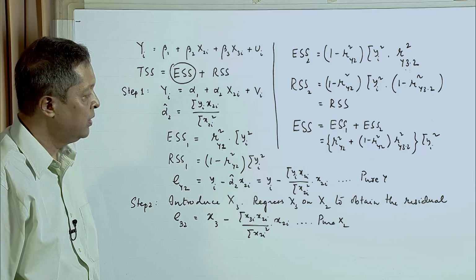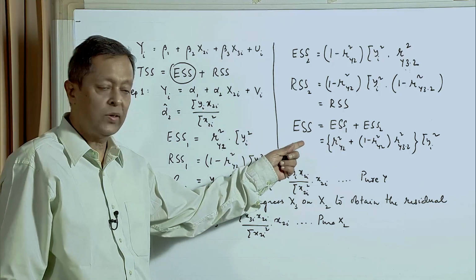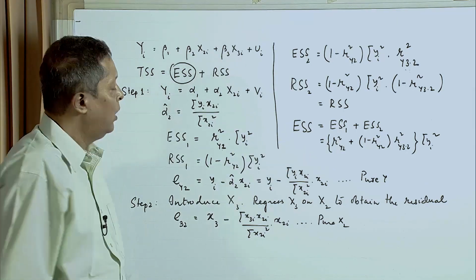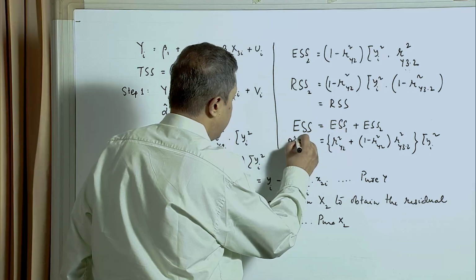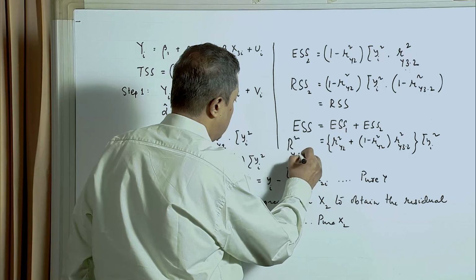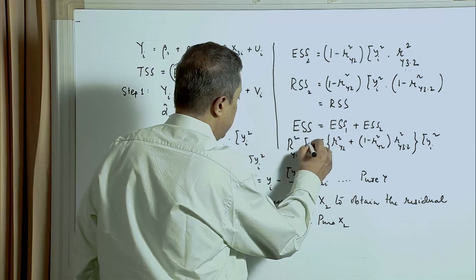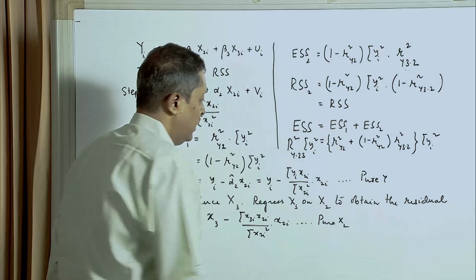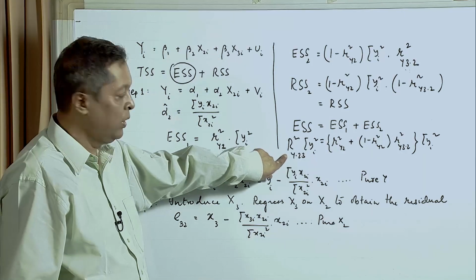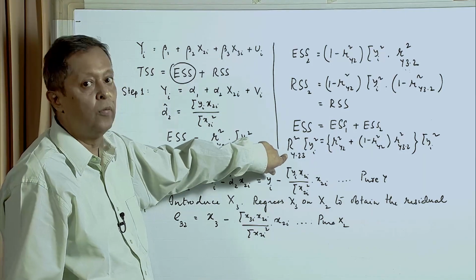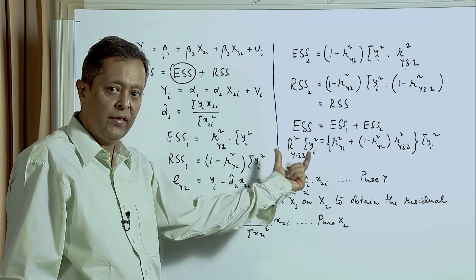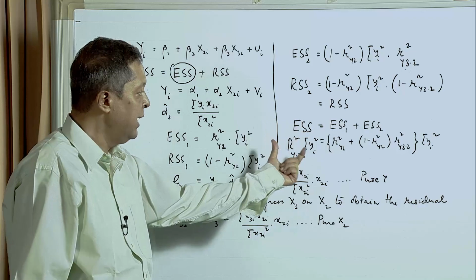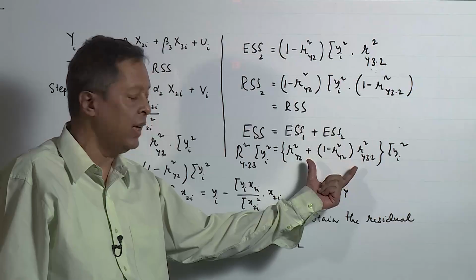But viewers, you already know that the explained sum of squares in a multivariate or multiple regression model is nothing but r square y dot 23 times summation yi square. That is the square of the multiple correlation coefficient, or the coefficient of determination, times yi square, which is one way of expressing the explained sum of squares, and the stepwise decomposition gives another way.